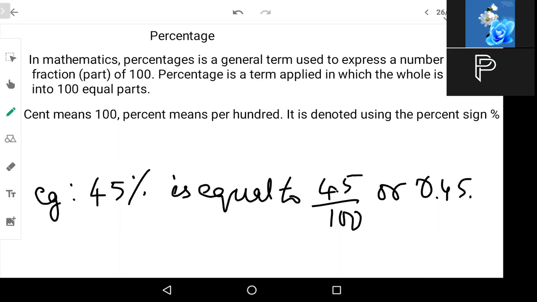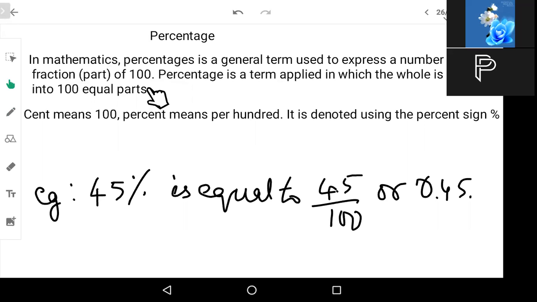Now, let us understand about percentages. In mathematics, percentage is a general term used to express a number as a fraction of 100. So we use this to express any number as a part of 100.